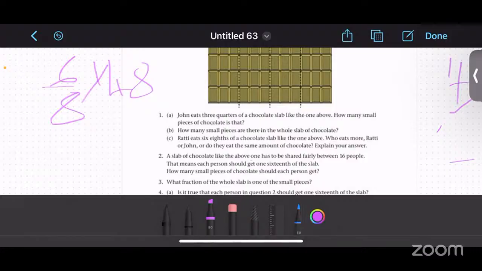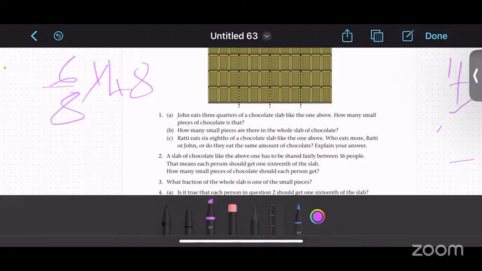So if they were to eat equal pieces, then the answer would have been 24, right? So you are saying that when you multiplied 6 out of 8 with 48, you got 36. So I'm asking you now, who ate 36 now? Both of them.